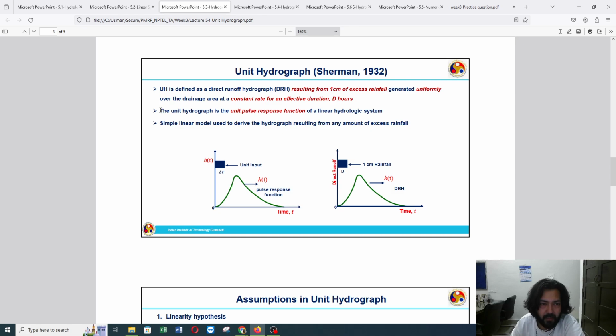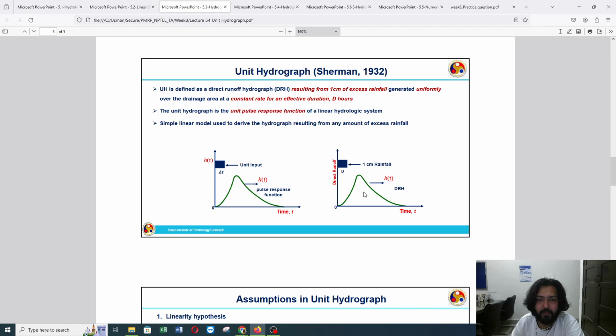Now the next thing to understand is that a unit hydrograph is a unit pulse response function of a linear hydrologic system, right? So we know what a unit pulse response function is now. This figure we have studied previously also. Unit pulse means there is a unit input over a period of time. For a unit hydrograph, this is nothing but 1 centimeter of excess rainfall.